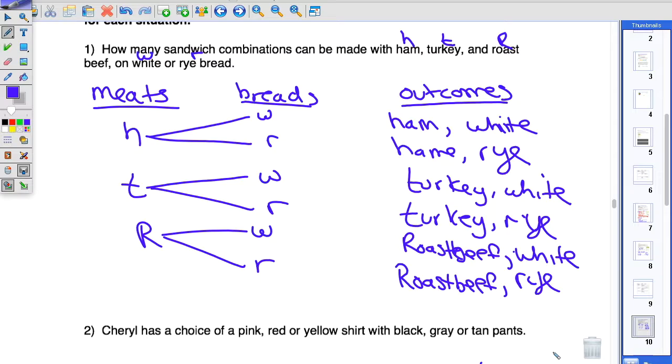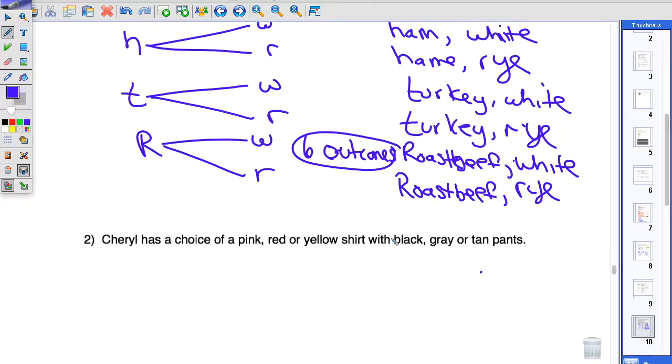So we count up the number of outcomes, and we see that we have a total of 6 outcomes. So there are 6 different sandwich combinations using 3 types of meats and 2 types of bread.